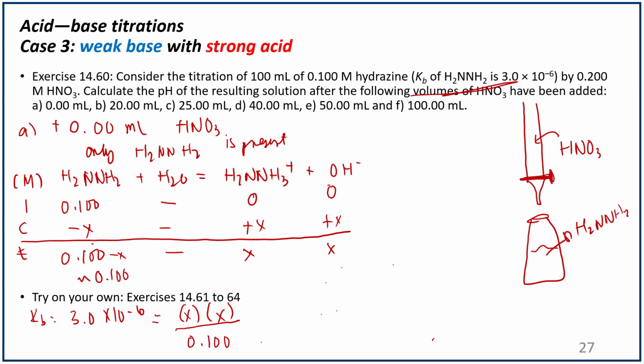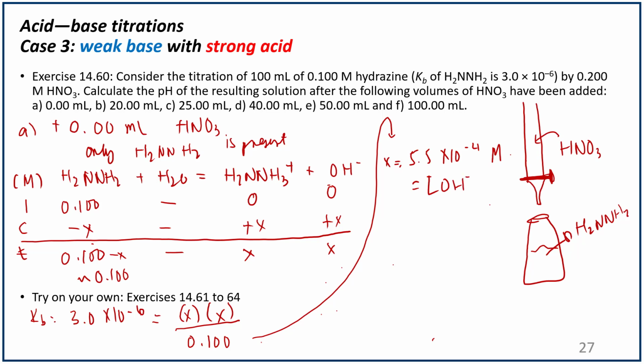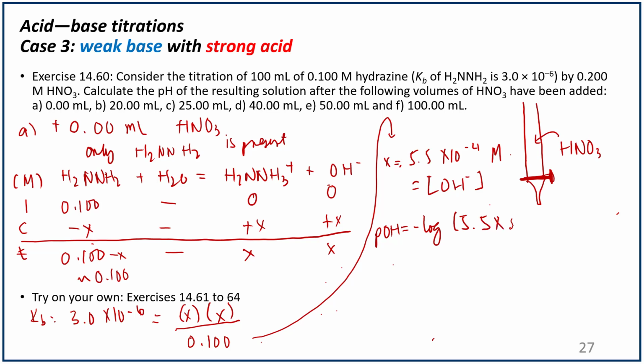If we do that, we get an x value equal to 5.5 times 10 to the negative 4. Keep in mind that this value is equal to the concentration of hydroxide ions. If we plug that in the formula for pOH, pOH should just be negative log of that hydroxide ion concentration, so negative log of 5.5 times 10 to the negative 4 molar.